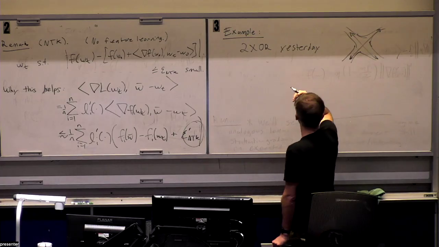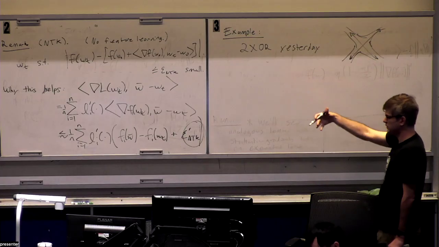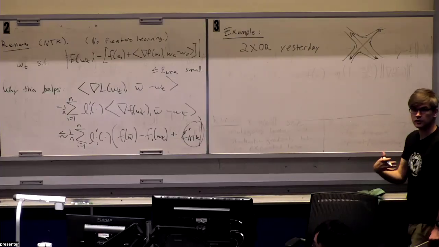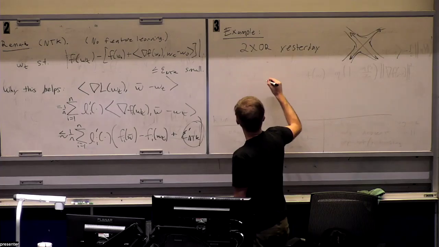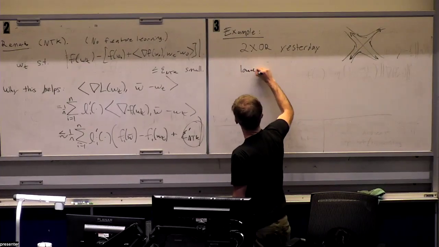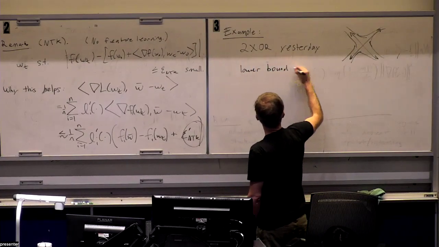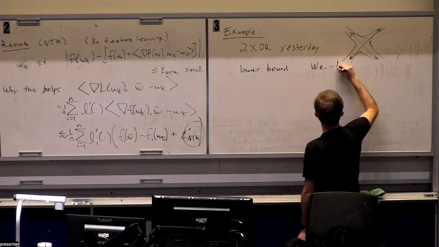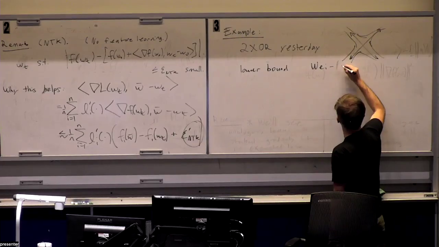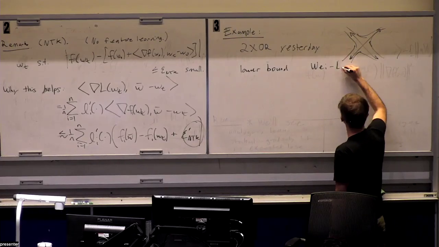So for this one, I mentioned that the gold standard for whether you learn features or not is to look at the sample complexity. So there's a lower bound. This lower bound was proved by a paper by, I'm having trouble remembering all the authors.